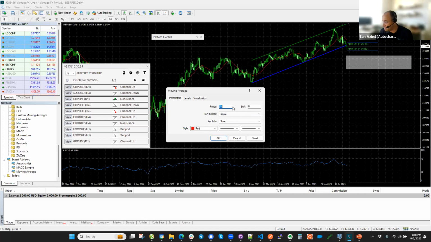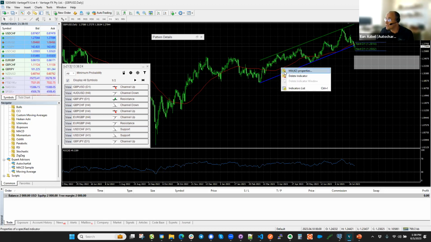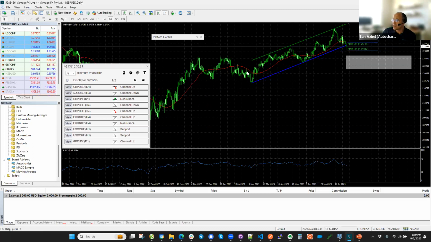So maybe a 42-period moving average, maybe a little bit too much. Maybe a 28 moving average. Yeah, that looks to be more indicative of the price movement.